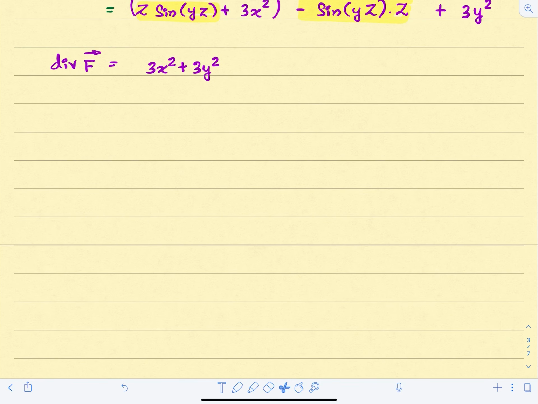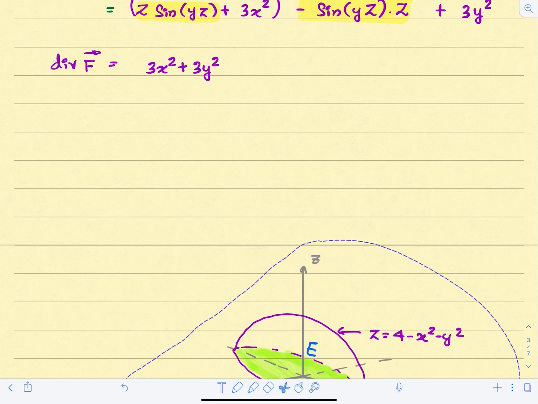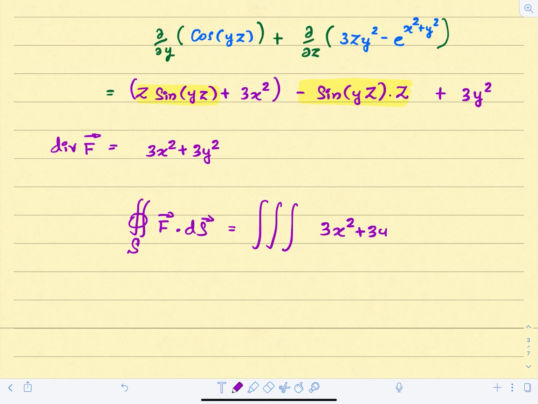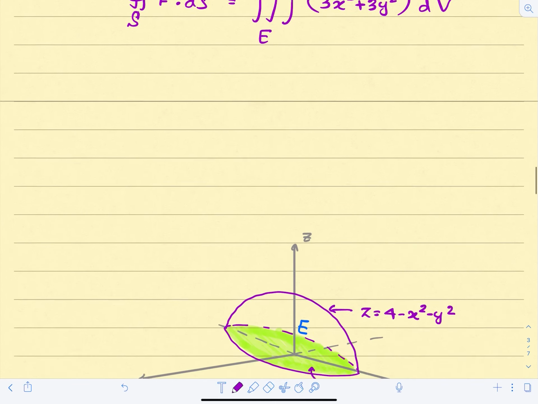Therefore, the flux integral over the closed surface S equals the triple integral of 3x squared plus 3y squared over the solid domain E.